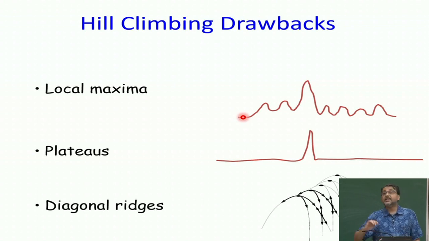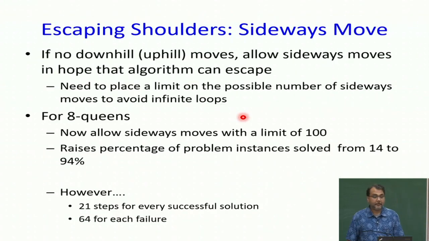Instead of saying that my next neighbor should be greater than me, just simply say that my next neighbor is greater than or equal to me, which is also called a sideways move. So if there is no uphill move, allow a sideways move in the hope that the algorithm can escape. What is the hope?